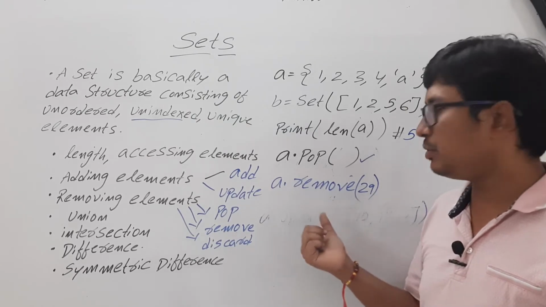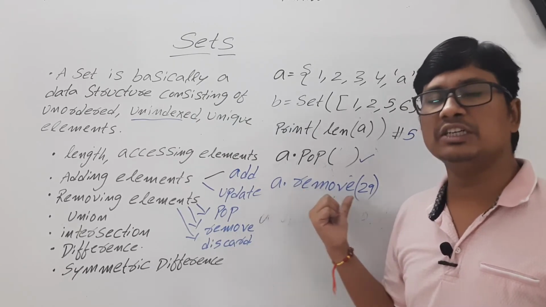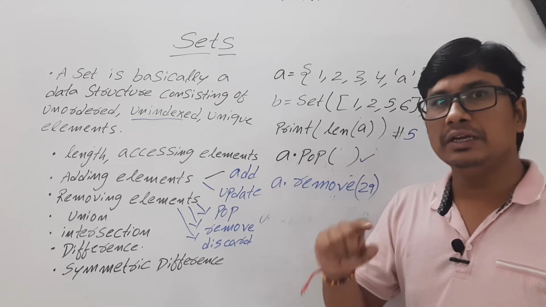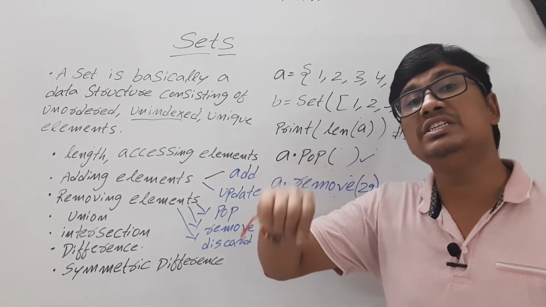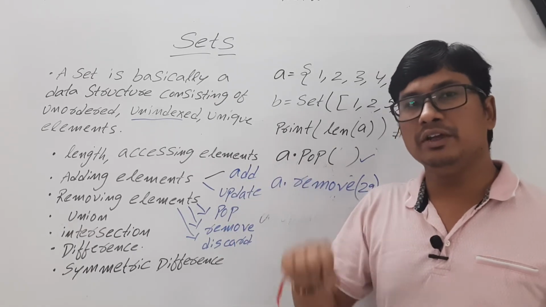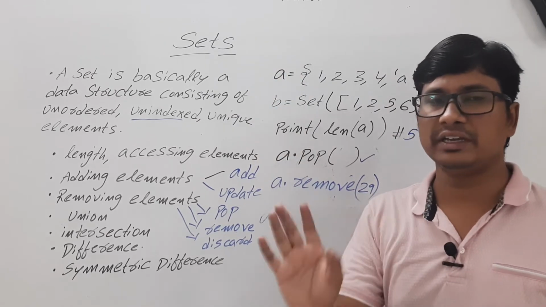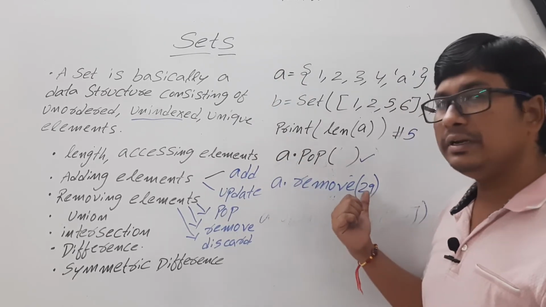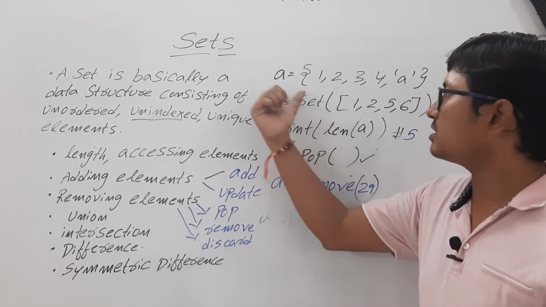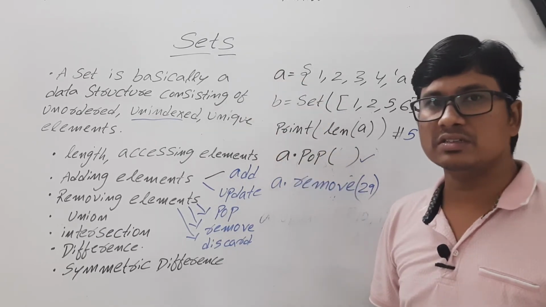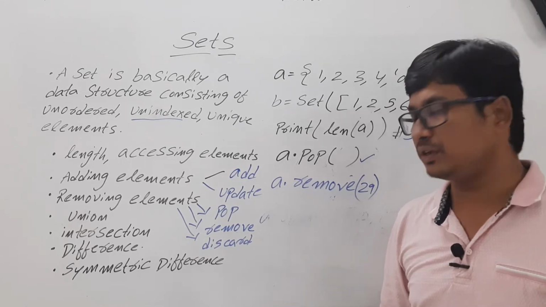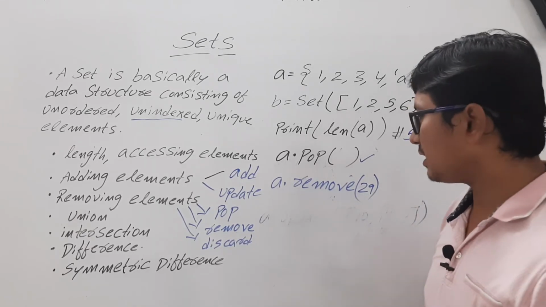I hope you are able to understand. The remove function takes one parameter, the value of the element you want to remove. If the element is there in the set, then it will remove it without any issue. But if the element you want to remove is not there in the set, then it will throw an error for you. I hope you are able to understand.